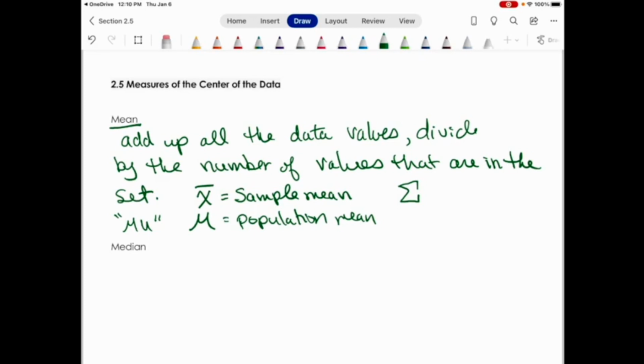So you might see the mean described using an equation, where xi represents all the data values, and then you divide by n, which is the number of data values. So this is just a fancy formula for saying the same thing that I said up here in words. This means add up all the data values, and this means divide by the number of values you have in your set.